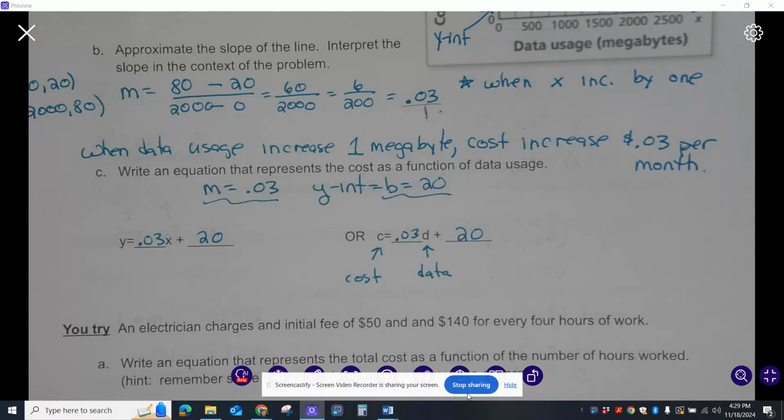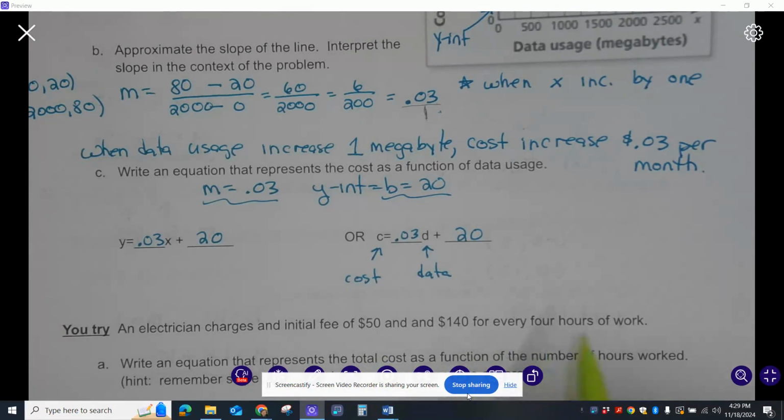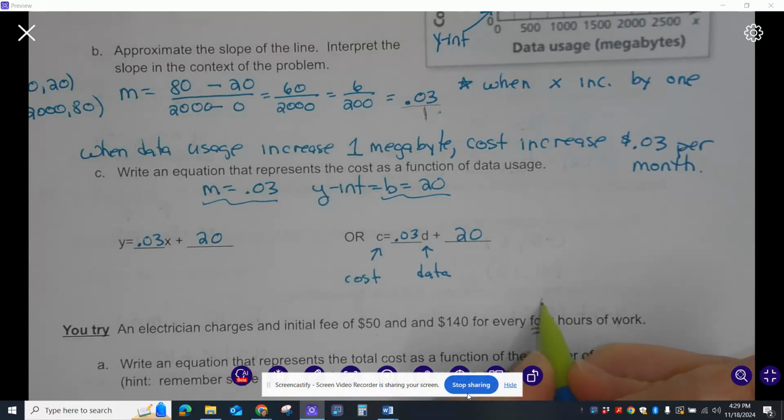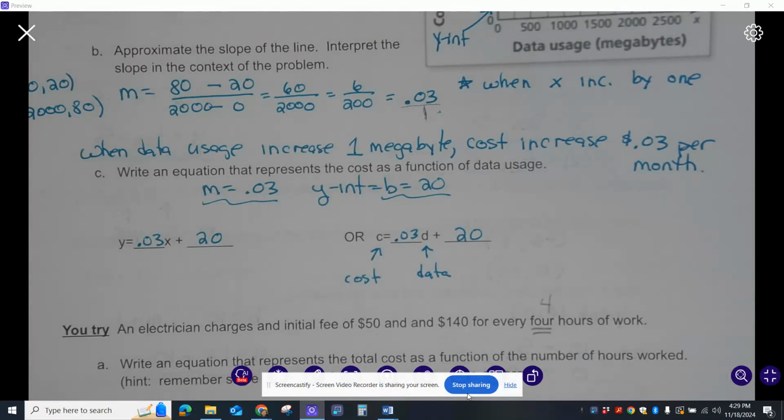Okay, the next one is your turn. I think I'm going to give you one little hint before you start this one. This says an electrician charges an initial fee of $50 and $140 every 4 hours of work. So 140 for every 4 hours of work.